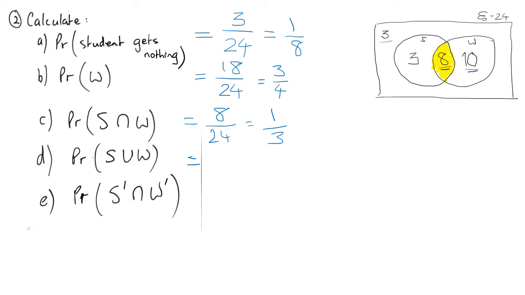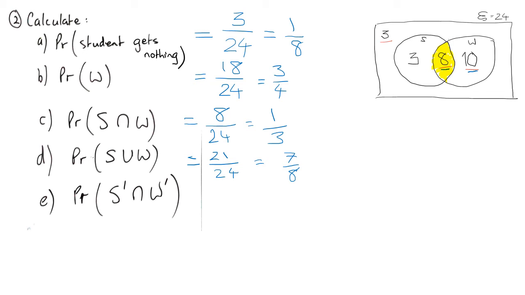So we're going to have the 3 that are only in set S, the 8 that are in both sets, and the 10 that are only in set W, giving us a total of 21 out of 24. And so that would be 7 out of 8.